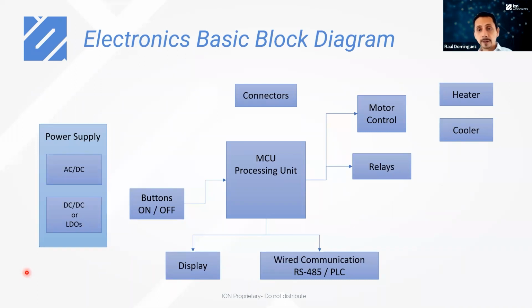We have displays to show the set temperature and the current temperature. We see several connectors. Sometimes we see wired communications, the old ones, the RS485 or PLC. And then we need to control the motors. For that, we have relays or solid state relays, or even some drivers.